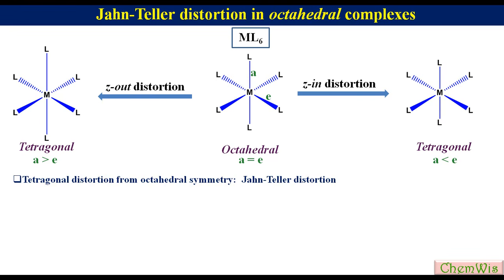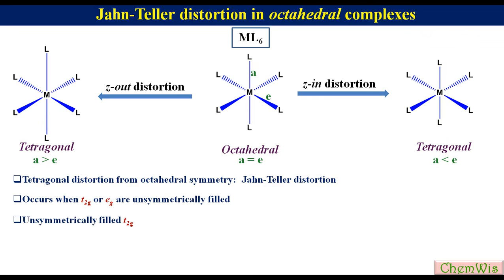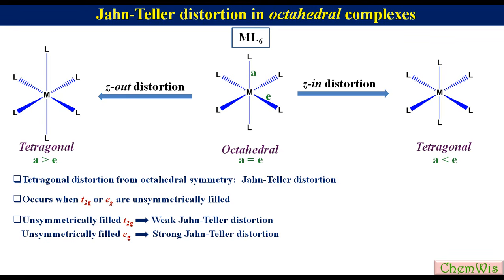This occurs when the metal ion in the complex has unsymmetrical filling of T2G or EG orbitals. Complexes with unsymmetrically filled T2G orbitals show weak Jahn-Teller distortion, while complexes with unsymmetrically filled EG orbitals show a strong Jahn-Teller distortion.